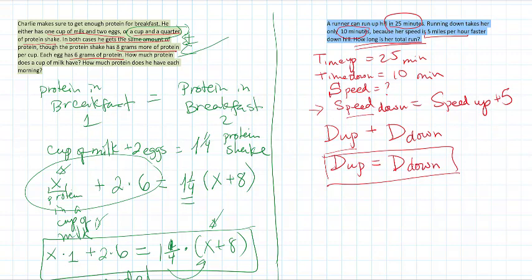So how do we figure out what the distances are? Well, we can use something called the distance formula, which basically says that the distance equals the time it took times the speed.